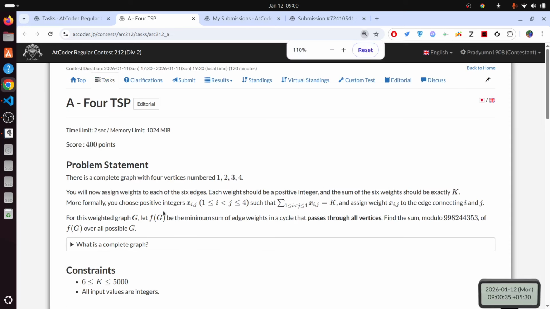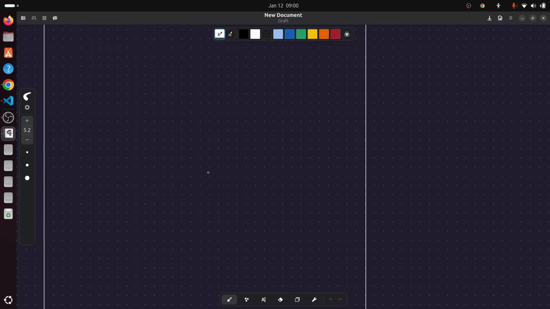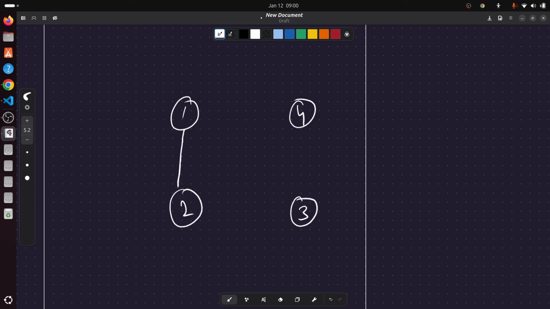Okay, so this statement is pretty simple. What it is saying is that we have a graph of 4 vertices, 1, 2, 3 and 4. Let's say I number these like this, and it is a complete graph. Complete graph means that all pairs of vertices are connected by an edge, right?